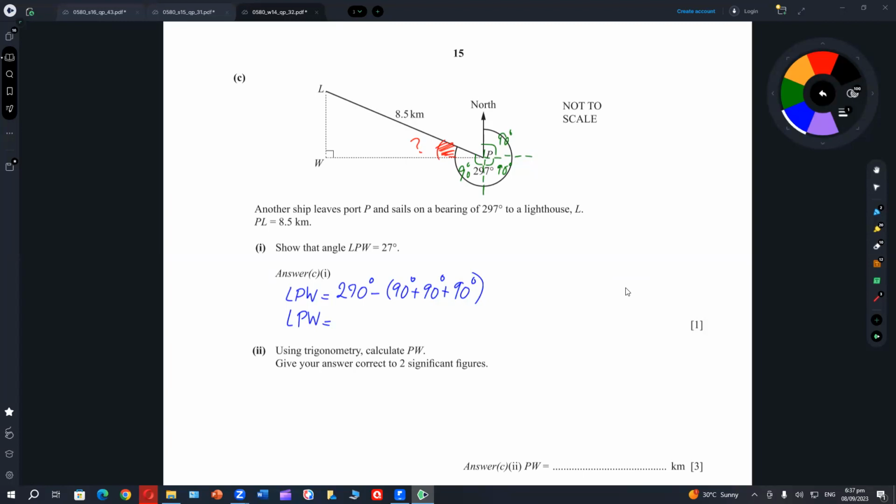Please complete this calculation. Sir, 90 plus 90 plus 90 is 270.